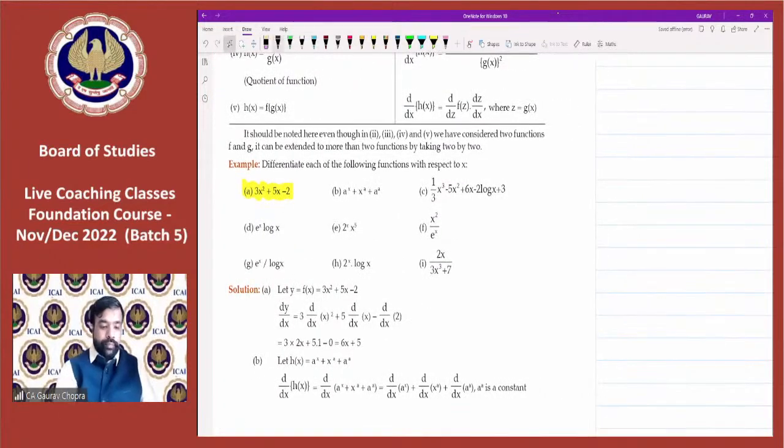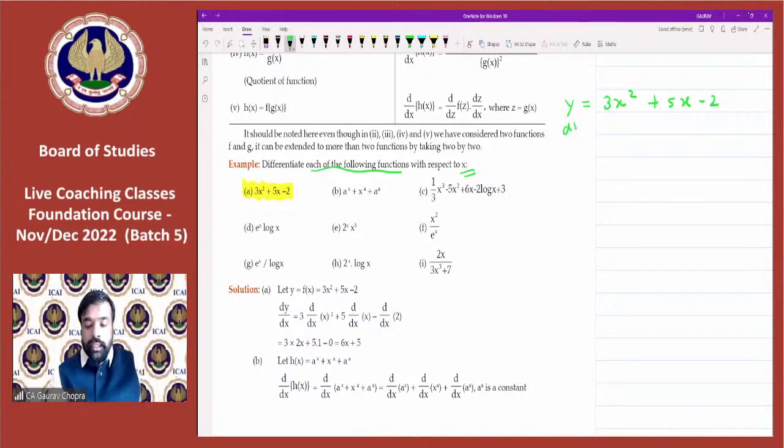So let us write here 3x square plus 5x minus 2. And the question is saying differentiate each of the following functions with respect to x. So we can write them as y equal to this function. All right. And now we have to find out its differentiation.